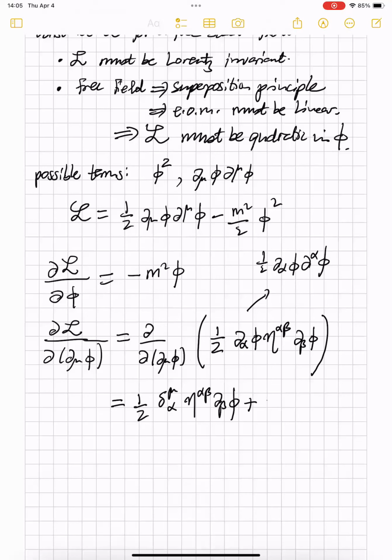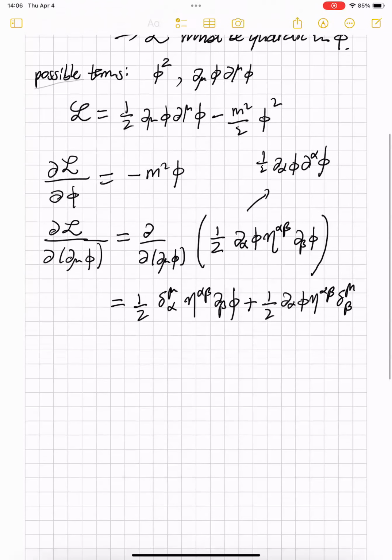So I'll get 1/2 d alpha phi eta alpha beta, and then exactly the same argument. I get 1 if mu is equal to beta. So if the mu that I'm differentiating with respect to equals the beta, the thing that I'm differentiating, I'll get 1, and if not, I'll get 0. So I'll get delta mu beta. That's just the Kronecker delta.